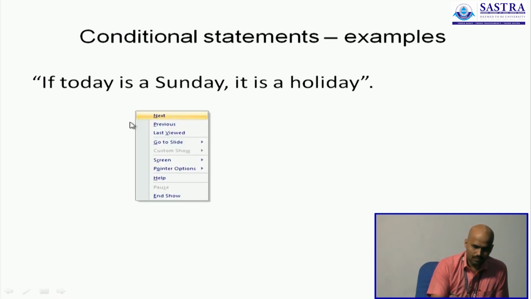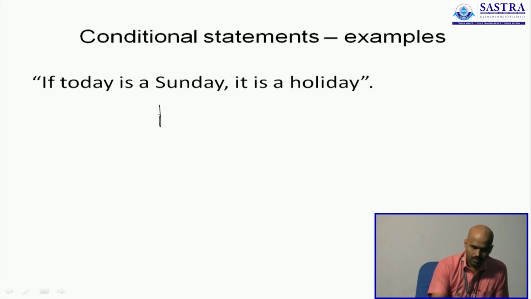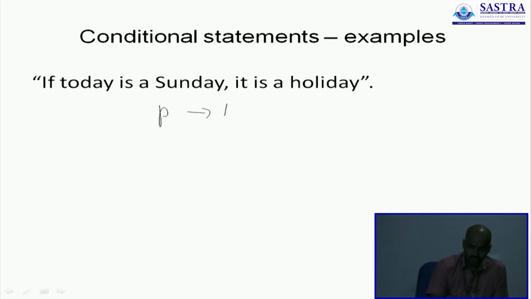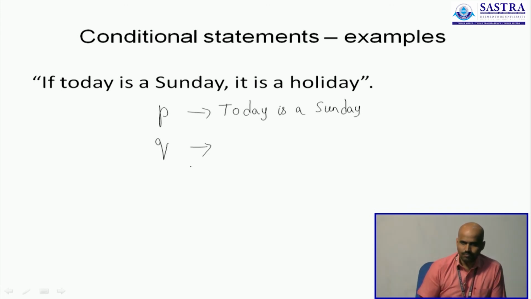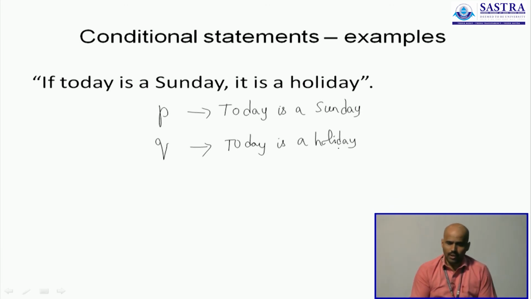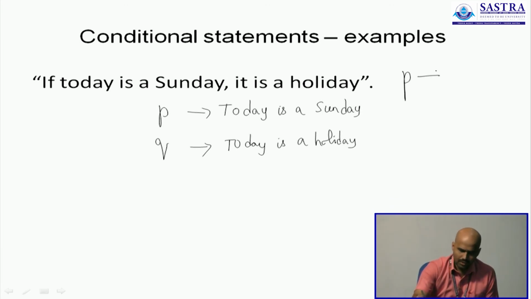Statement P, which says today is a Sunday, and statement Q, which says today is a holiday. Now the conditional statement wants us to combine these two in this form. It says if today is a Sunday then it's a holiday.